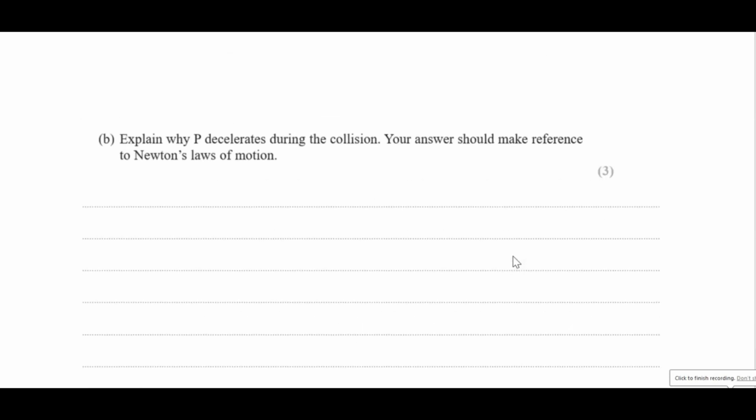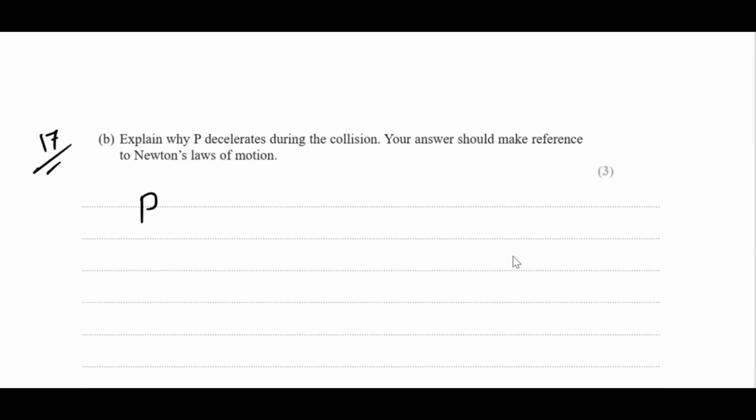Now the last part of question number 17b. Explain why P decelerates during the collision. Your answer should make reference to Newton's laws of motion.